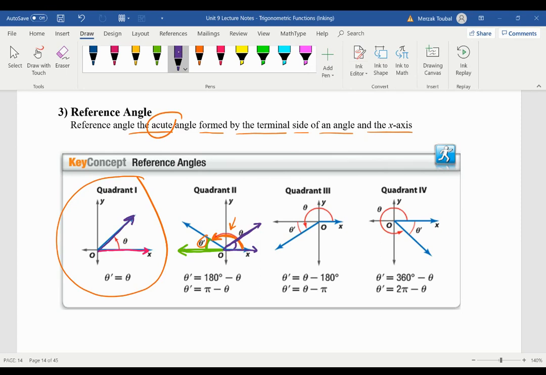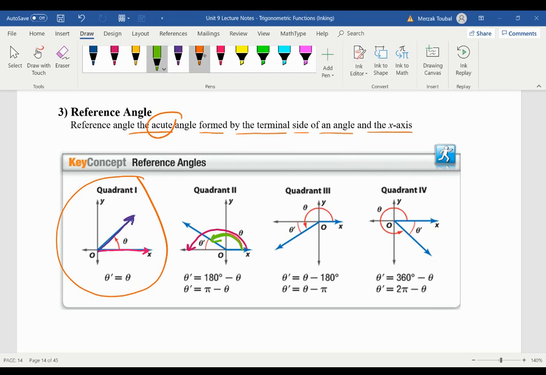Now, how do I find the reference angle, which is theta prime? If you look at the figure, the way to find theta prime is this. This is 180, and this one here is theta. The green one is theta, and the dark red is 180.